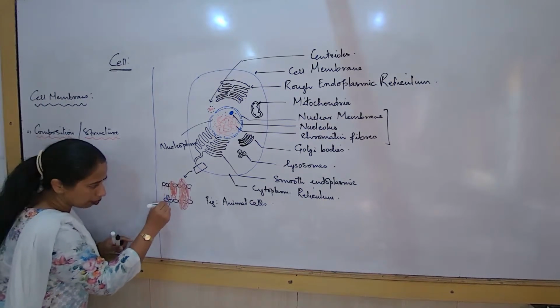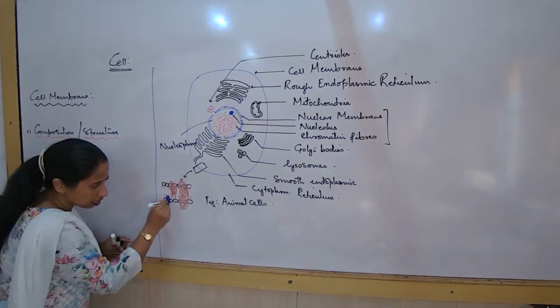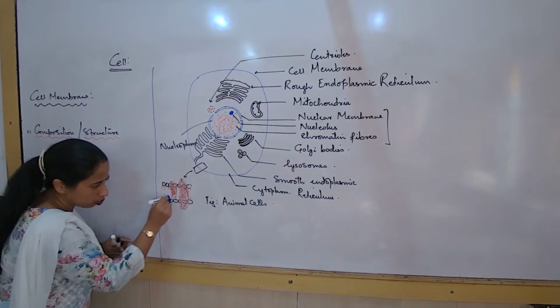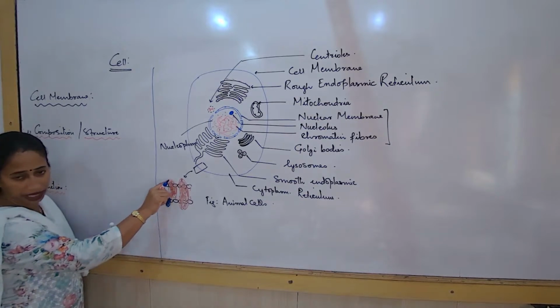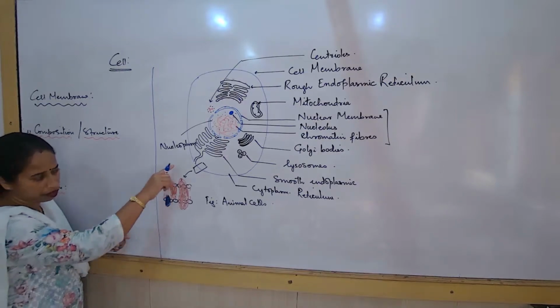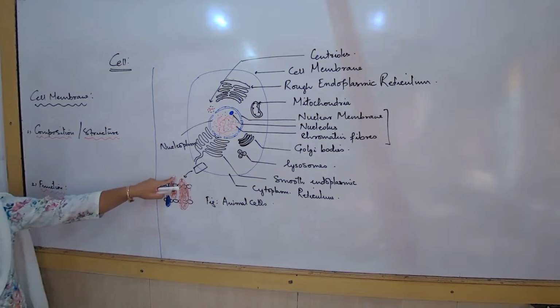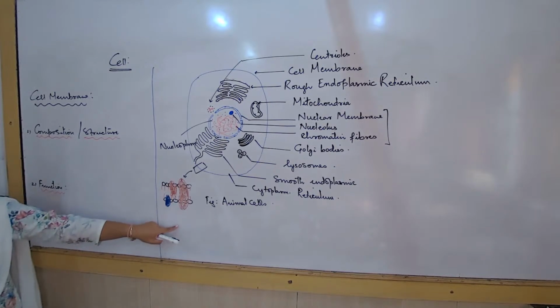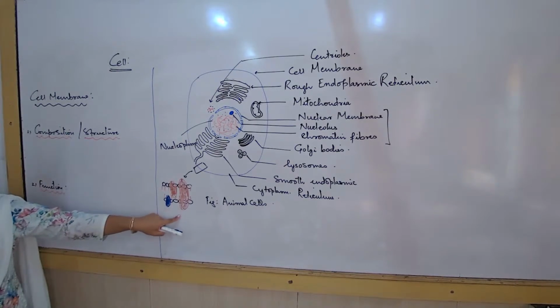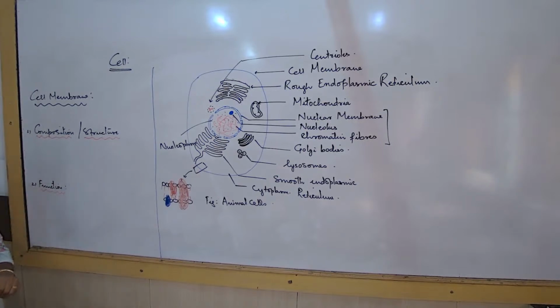Some are arranged at one particular region on the upper end, some on the lower end, and some span the entire width, digging down into the cytoplasm also. This is the basic structure, the complete structure of the plasma membrane in a little detail.